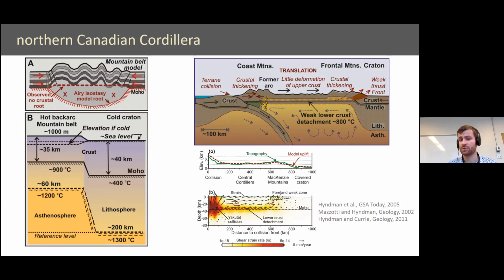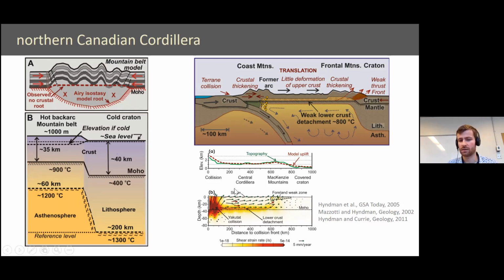And so if we have some zones of weakness, well, then you can envision a way where you could propagate stresses from the Yakutat collision zone towards the Canadian Cordillera interior, such as the Mackenzie Mountains, for example. And that was modeled by Stefan Mazzotti in 2002 in their Geology paper here.